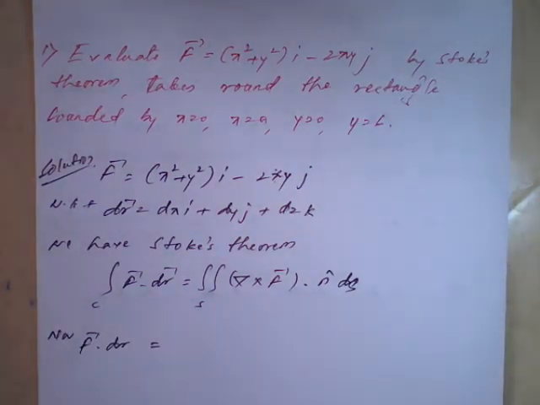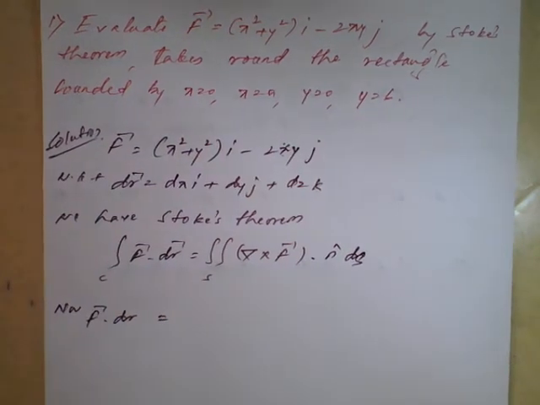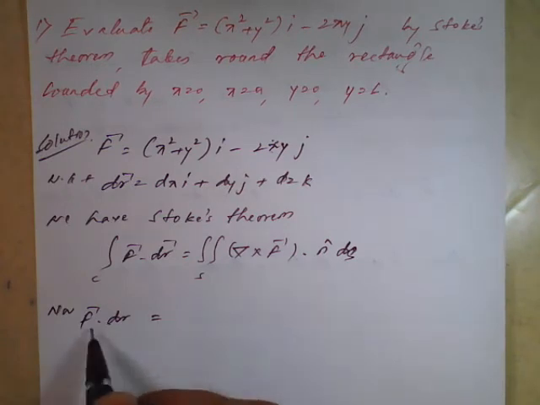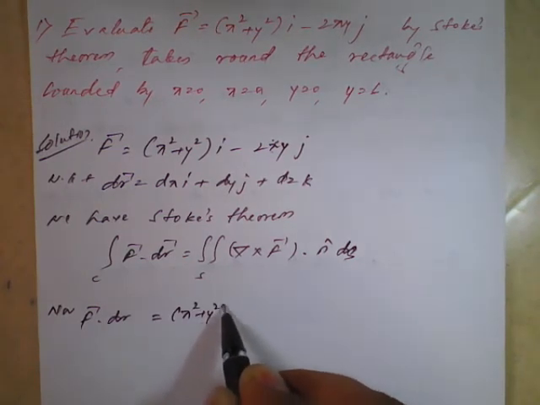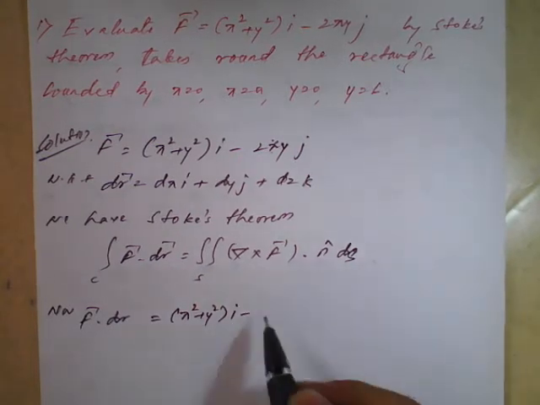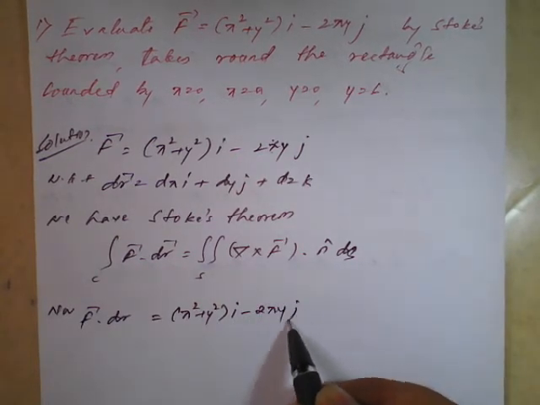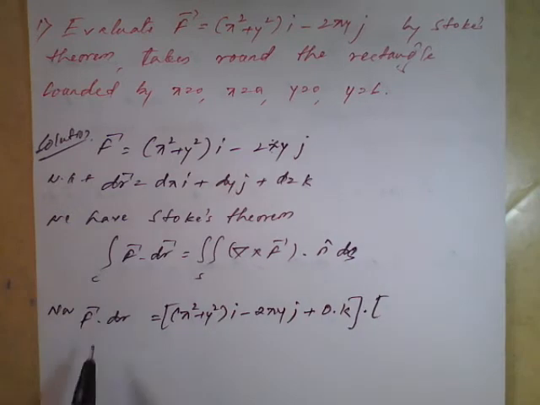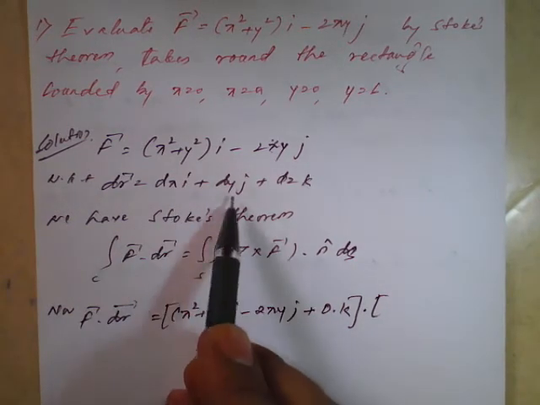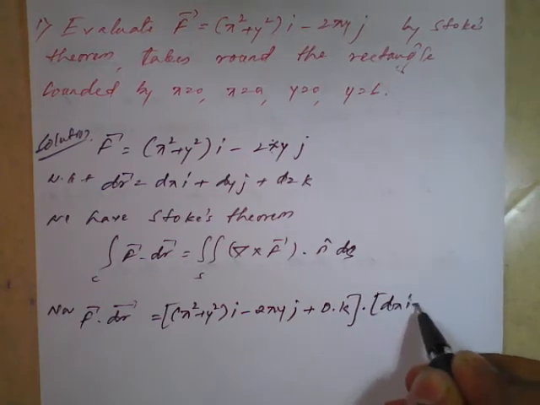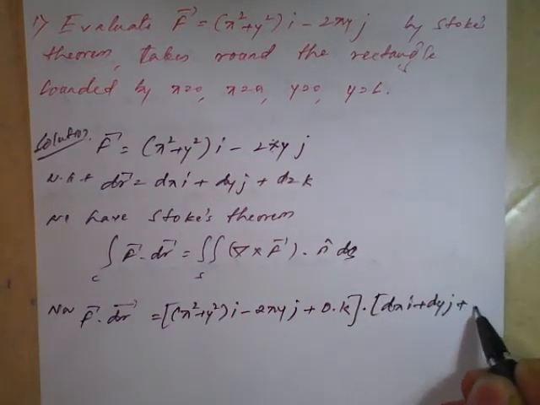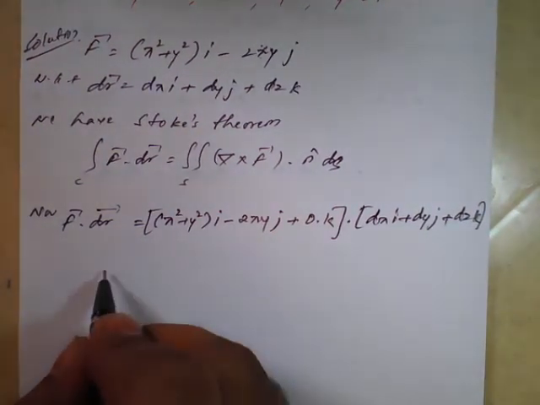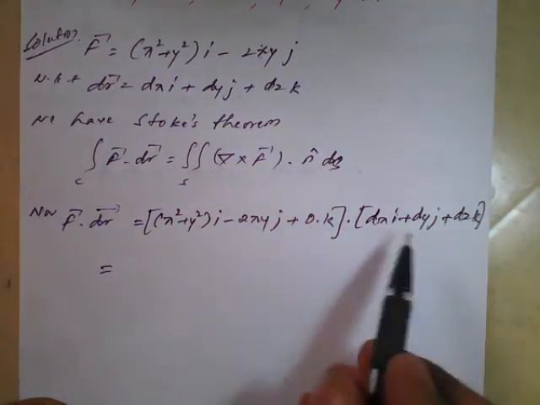Now we'll first find what vector f dot dr is. So vector f dot dr is nothing but, I'll write the vectors: for vector f, that is (x square plus y square) i minus 2xy j plus 0 into k, because it is not there I am mentioning 0, dot dr, and dr is nothing but what here? dx i plus dy j plus dz k. So for the dot product of two vectors, we need to work out i dot i, j dot j, k dot k.